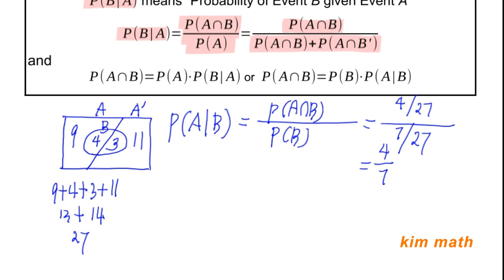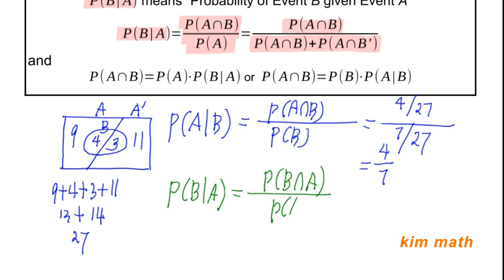Okay, let me try to find another conditional probability here. For example, P of B given A will be the probability of B and A over the probability of event A. The numerator is the same as this one, so 4 over 27 here.